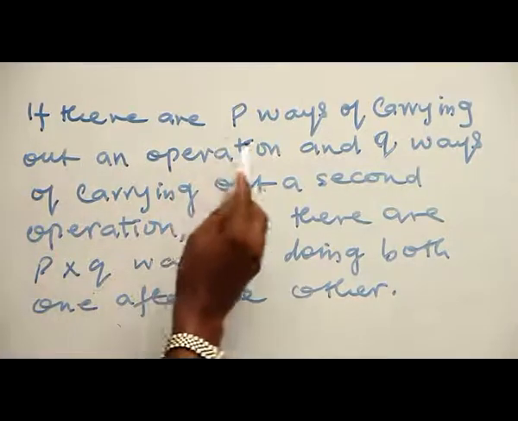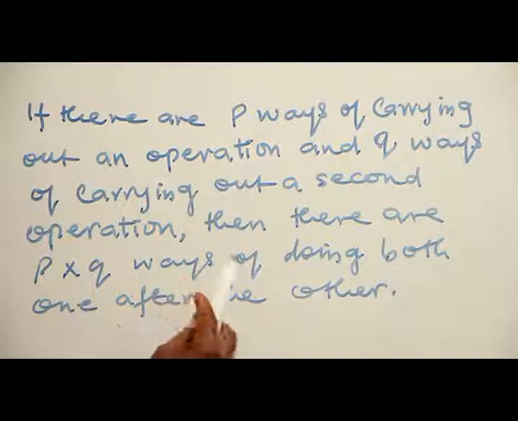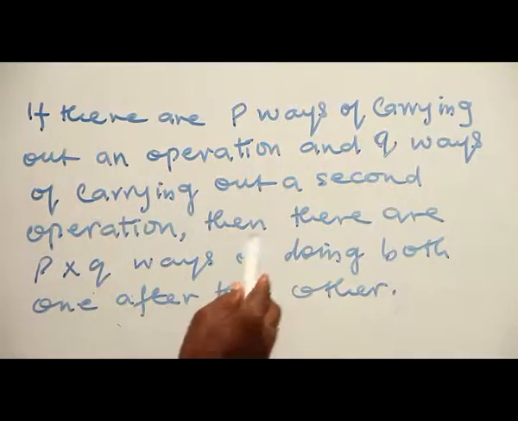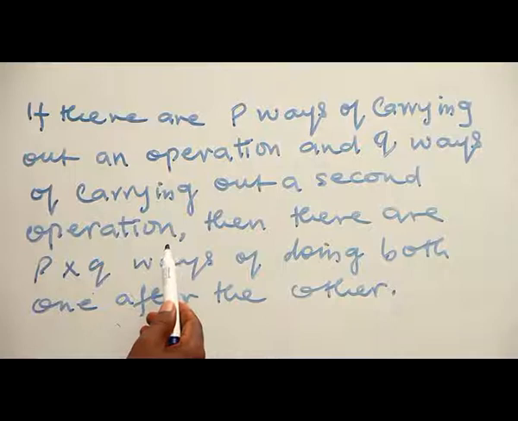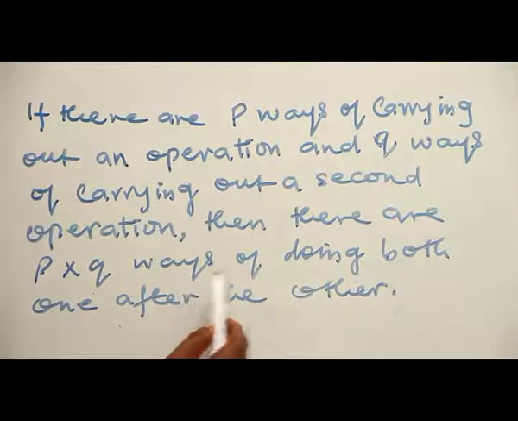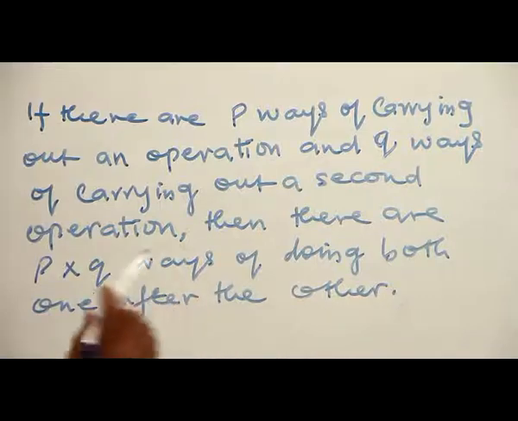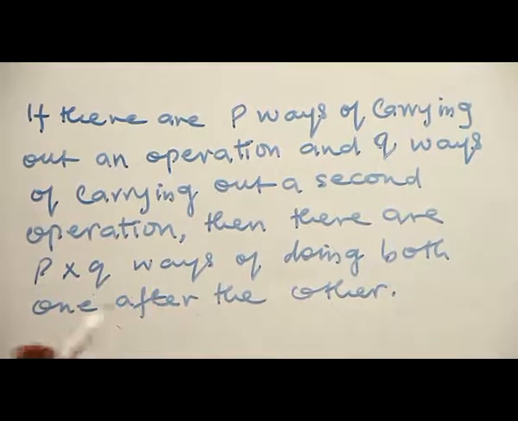Now, if there are P ways of carrying out an operation and Q ways of carrying out a second operation, then there are P times Q ways of doing both, one after the other. I want us to have an understanding of this.